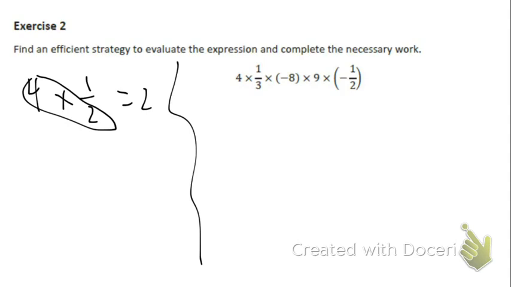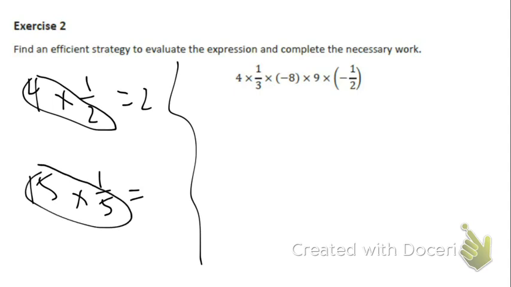And what you could do also, let's look at another one. 15 times 1/5. Whenever you multiply a whole number by 1 over something, you're basically just doing 15 divided by 5 here. It's just 3. Alright. So if you do that all out, you get 15 over 5, or you cross cancel and get 3.